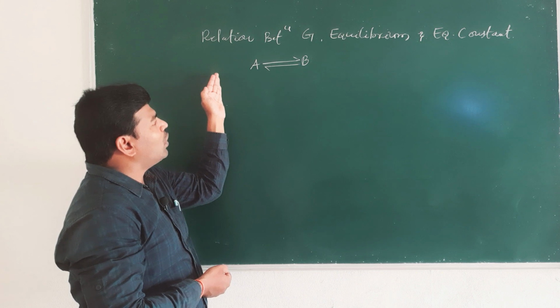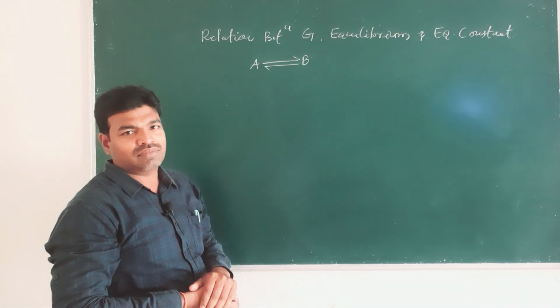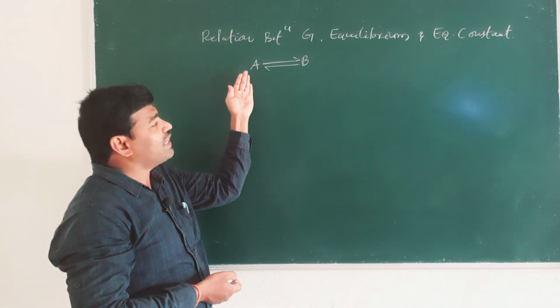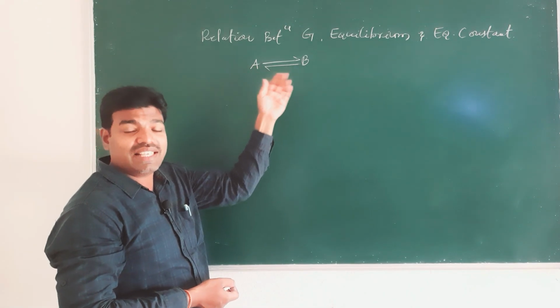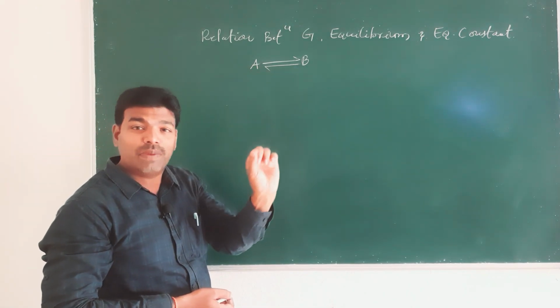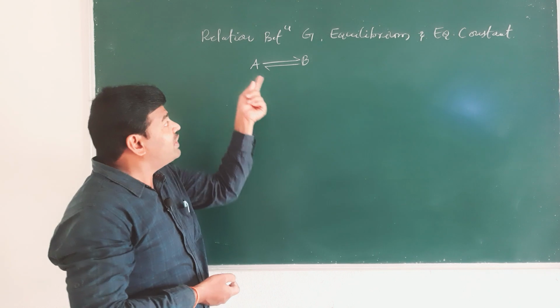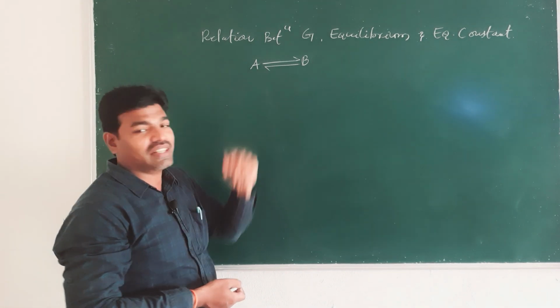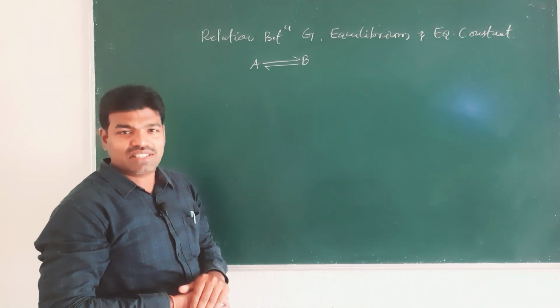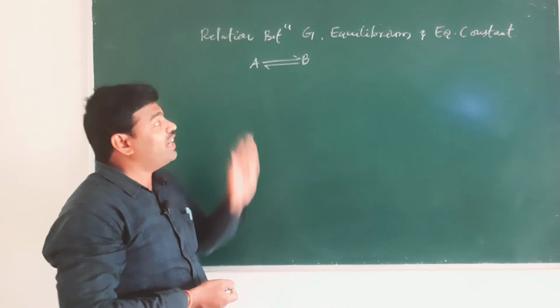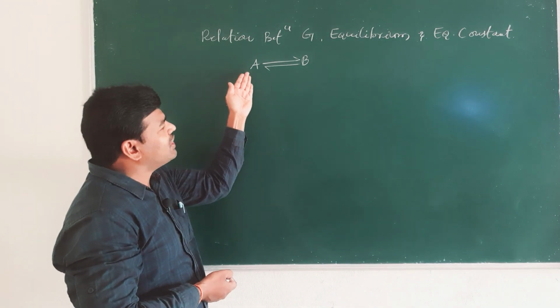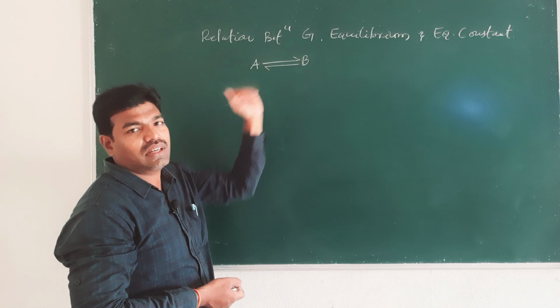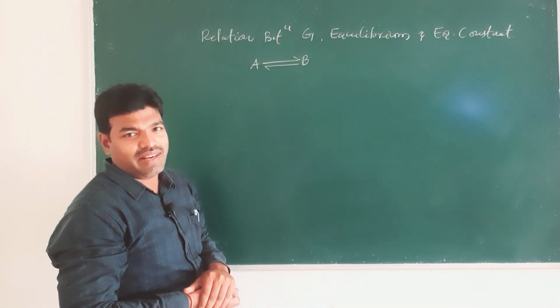With the progress of the reaction, we know that for a chemical reaction to occur spontaneously, Gibbs free energy change should be negative. That is, with the progress of this reaction, Gibbs free energy decreases whether we start from reactants or from products, right?